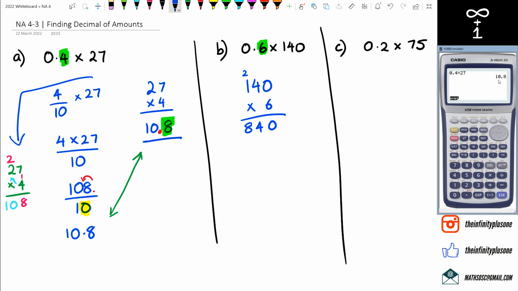So I've got 840 here. But because I've got one number after the decimal point, it's going to end up right there. So my final answer is going to be 84.